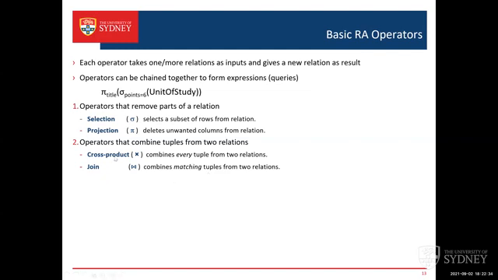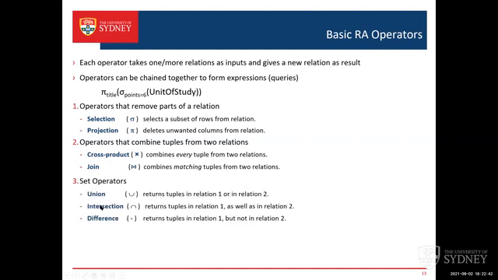We'll learn each of these today. Other operators that we are going to learn are known as set operators. You're already familiar with union, intersection, and difference. Union means take everything from these two. Intersection means what are the common values. Difference means it exists in relation one but does not exist in the other. We'll learn about all of these.